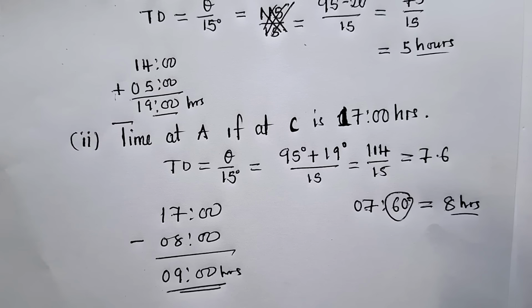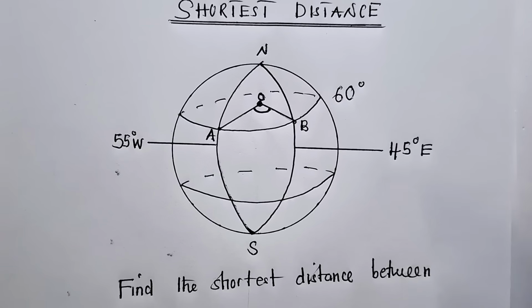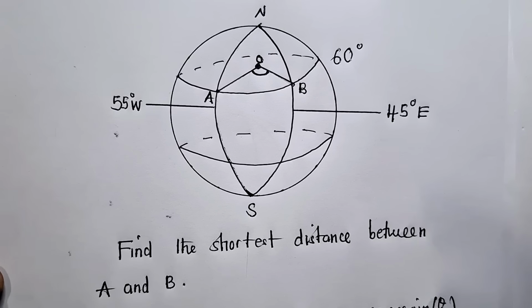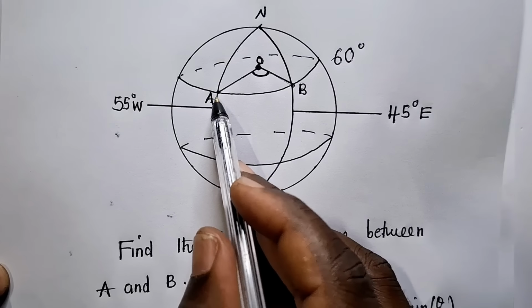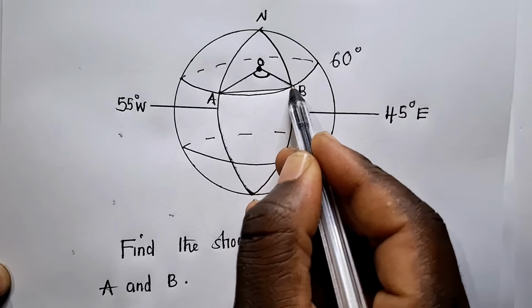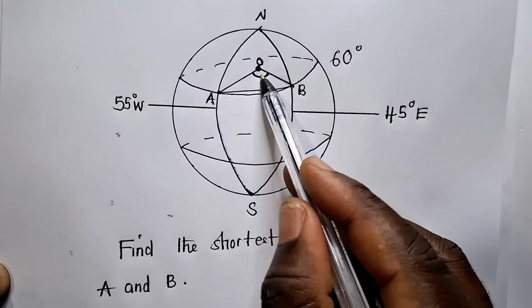Okay, let's check out this shortest distance. I know most people struggle with the shortest distance. So to find the shortest distance between point A and B, it should be this distance like this. So the first thing here must be to find an angle inside here.